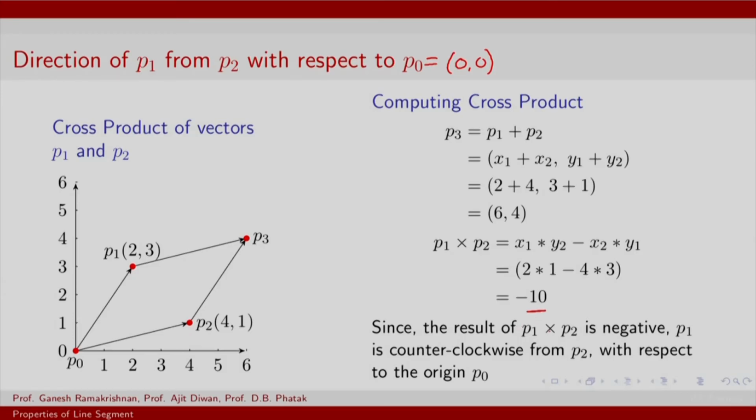Since the result P1 cross P2 is negative, we have verified that P1 is counterclockwise from P2 with respect to the origin P0. One can immediately see that P2 cross P1 is plus 10, and therefore P2 is clockwise from P1 with respect to the origin P0.